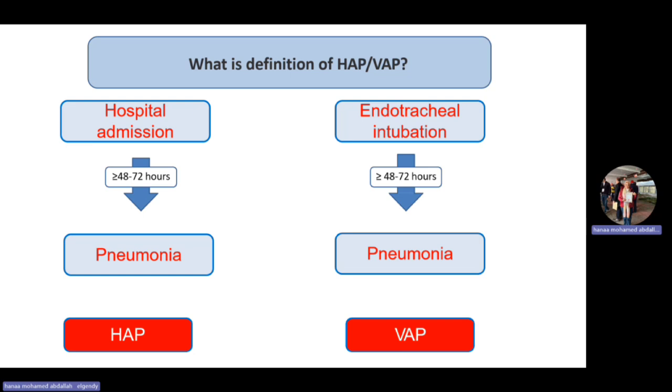Ventilator-associated pneumonia is extended up to 72 hours according to the CDC guidelines. It's not only 48 hours; it's extended to 72 hours in both HAP and VAP to suspect or diagnose that the patient has hospital-acquired or ventilator-associated pneumonia.